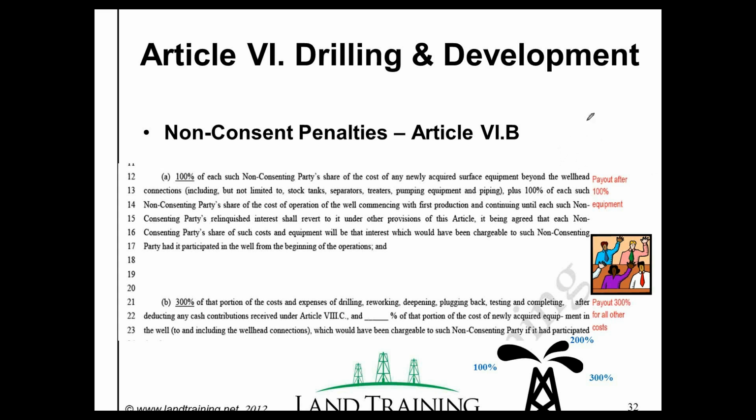So only 75% of the bills are going to be paid. Someone has to take Karina's interest. Okay, so let's say, Yvonne, you take 12.5% of her interest, and then I'll take the other 12.5% interest. Let's say everyone says, no, we don't want to take her interest. That well is not going to get drilled because we can't pay for 100% of the cost. So when someone opts out, someone's going to have to pick up their share of the interest.